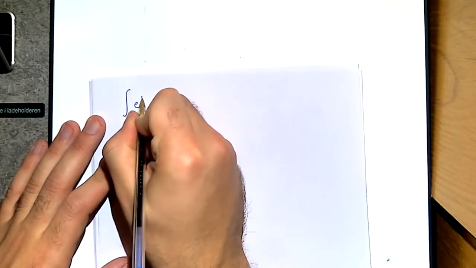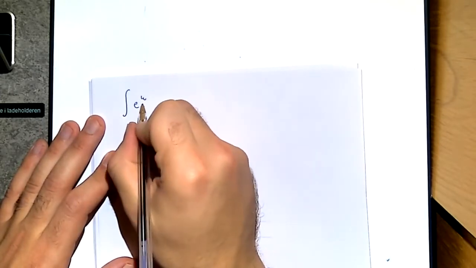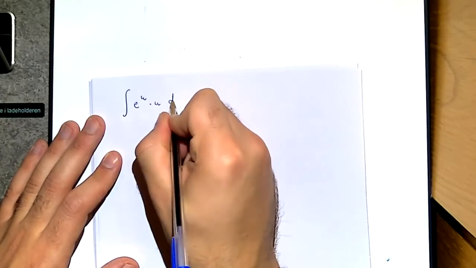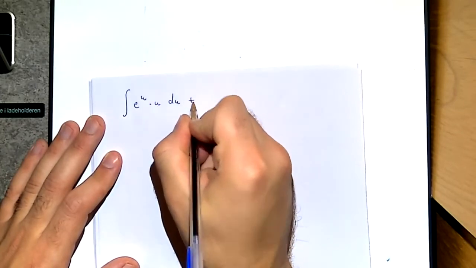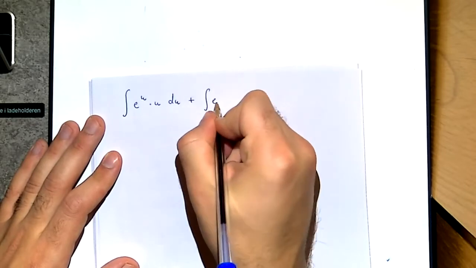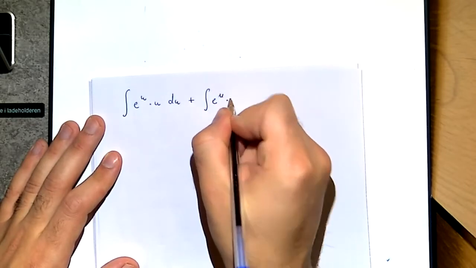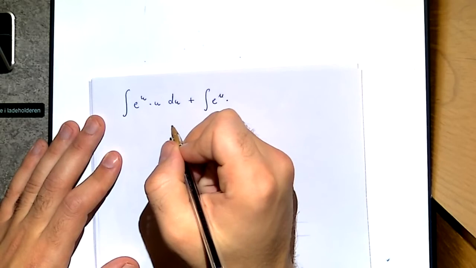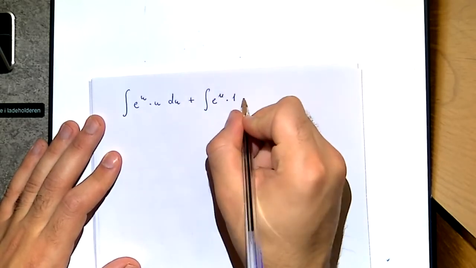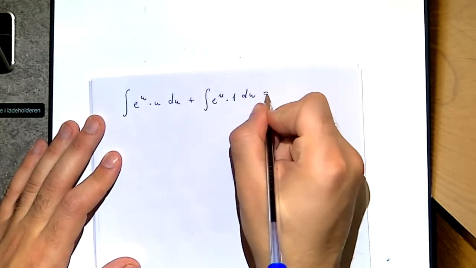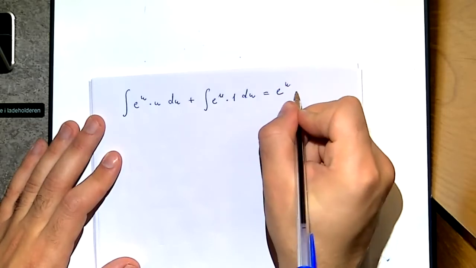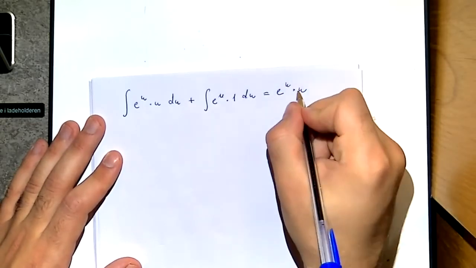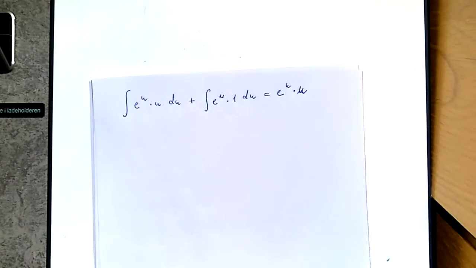integral e^u multiplied by u du plus integral e^u multiplied by u prime, which is just 1 du. Okay, this is equal to e to the power of u multiplied by u. Just replace my derivative in the previous formula.